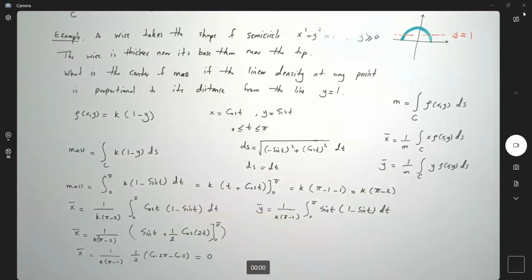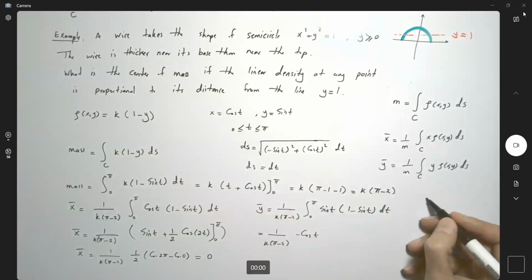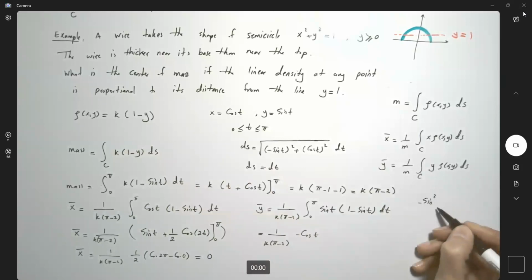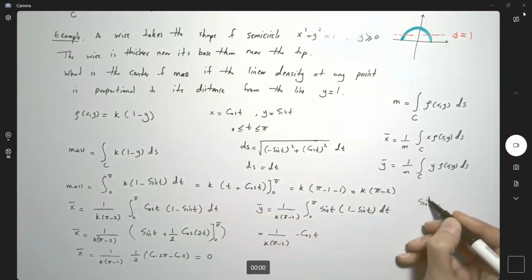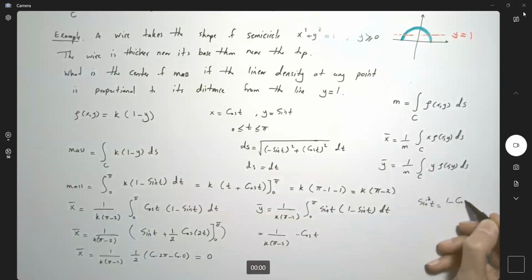The integral of sine is negative cosine, and here you have negative sine squared, which can be written with sine squared as 1 minus cosine 2t divided by 2.